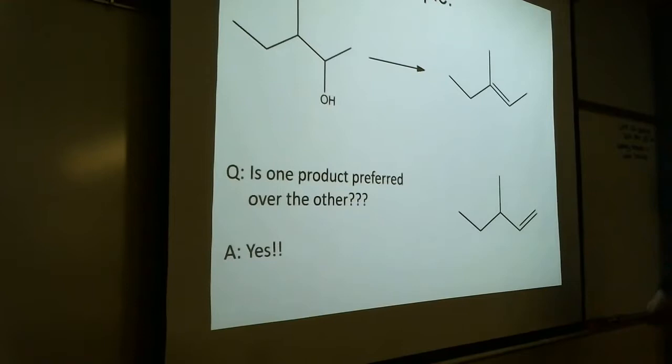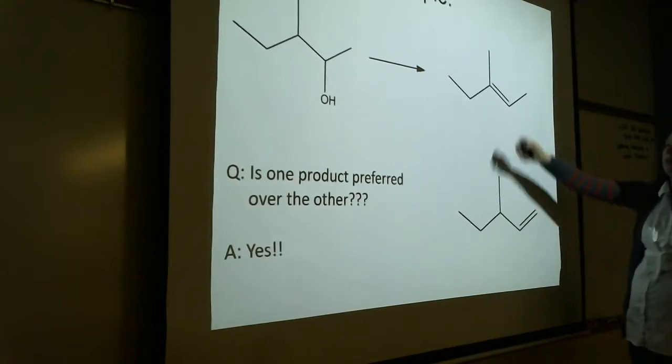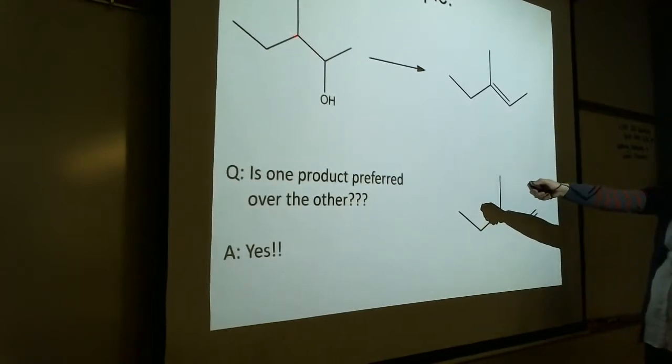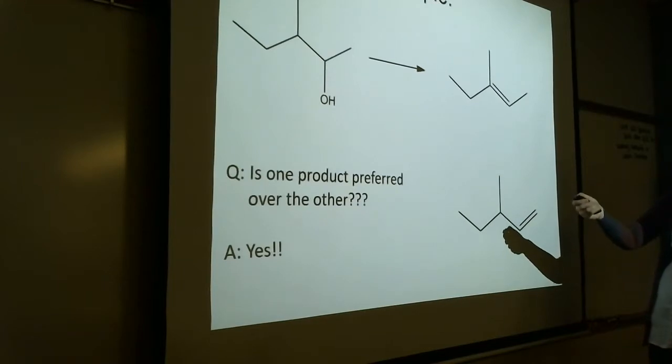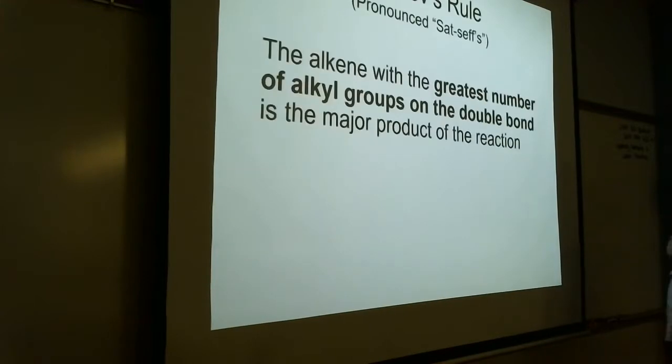And so let's look at this one. The OH group is right here, carbon 1, carbon 2. So it's on C2. So you could have the double bond forming here, or you could have the double bond forming here. You can form it on either side, and one of them is the major product, one is the minor product.